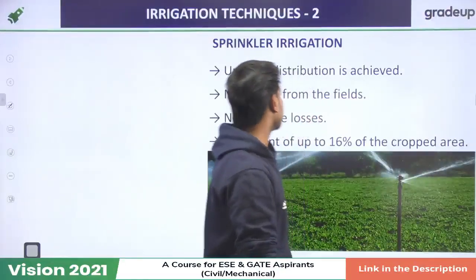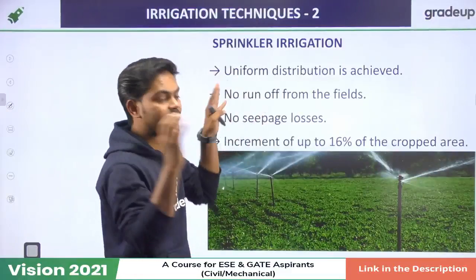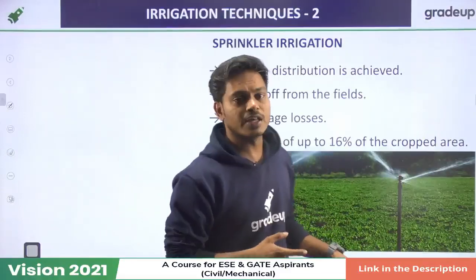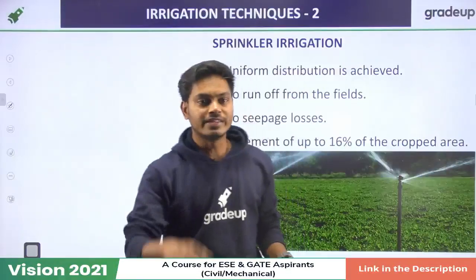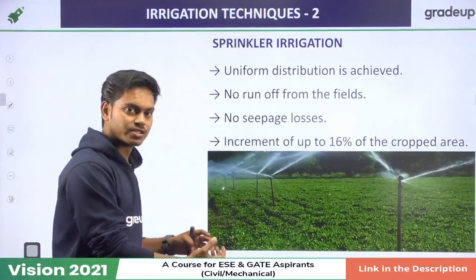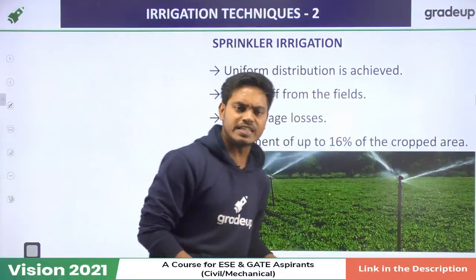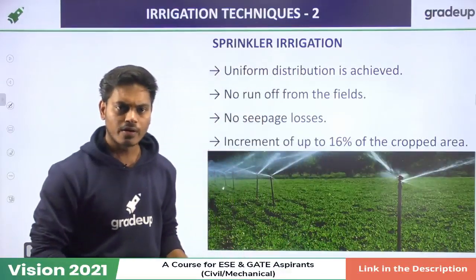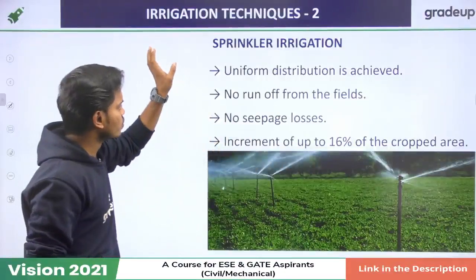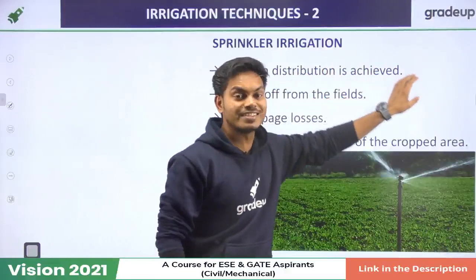Good. Next thing is, what are the advantages? Why are we choosing sprinkler irrigation over other techniques? There should be certain advantages. So let's talk about those advantages. If there is no benefit, we will not use it, so why use it? All right, so here the thing is uniform distribution is achieved.